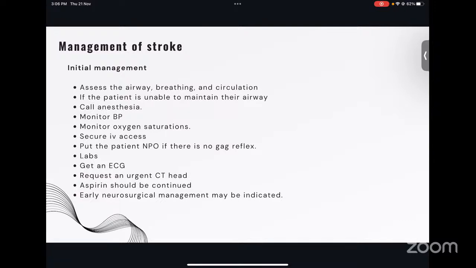Do a 12-lead ECG to identify if the patient has atrial fibrillation, heart block, or other causative problem. Send the patient for urgent CT head to identify any emboli or hemorrhage. Unless there is a strong suspicion that the stroke is hemorrhagic, give aspirin, and continue if the patient is already on aspirin.